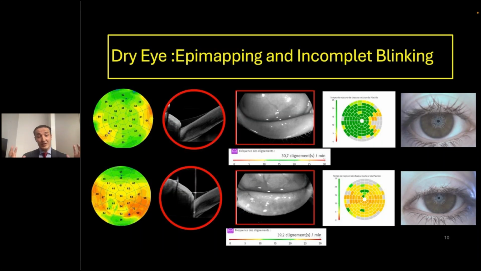And you have a very nice correlation between all these exams. And the correlation between the epithelium and the meibomian gland imaging is clearly associated with the corneal topography.